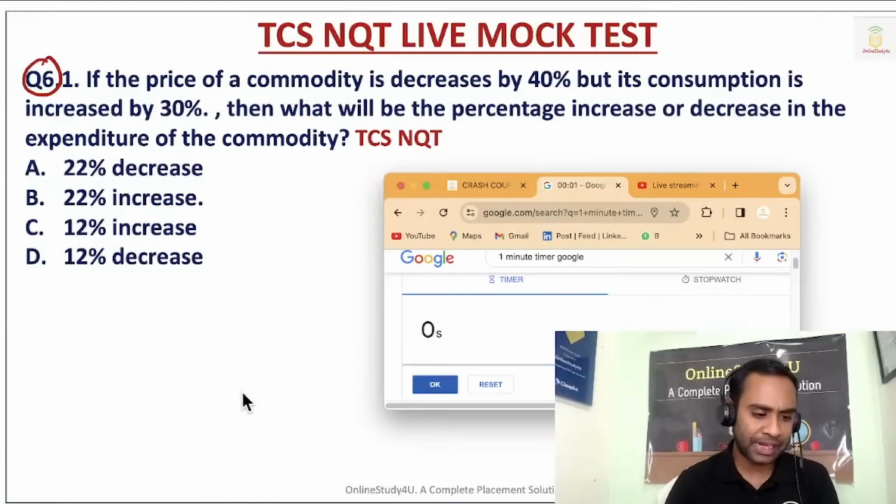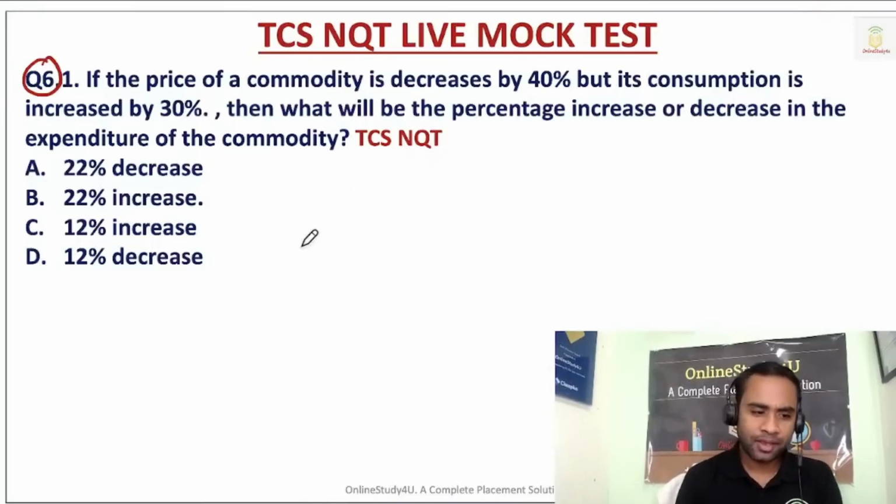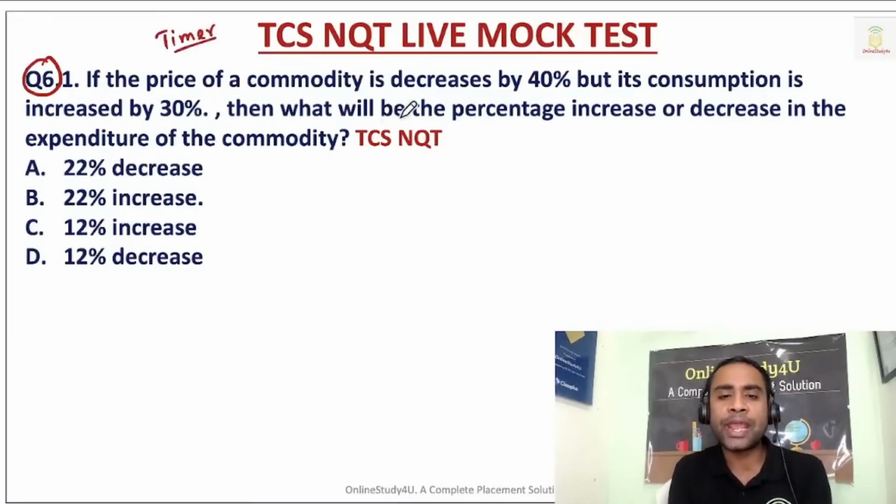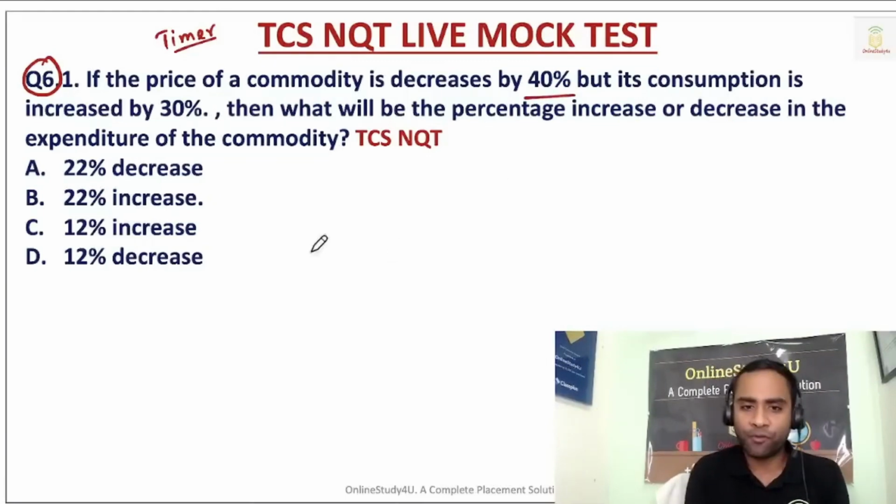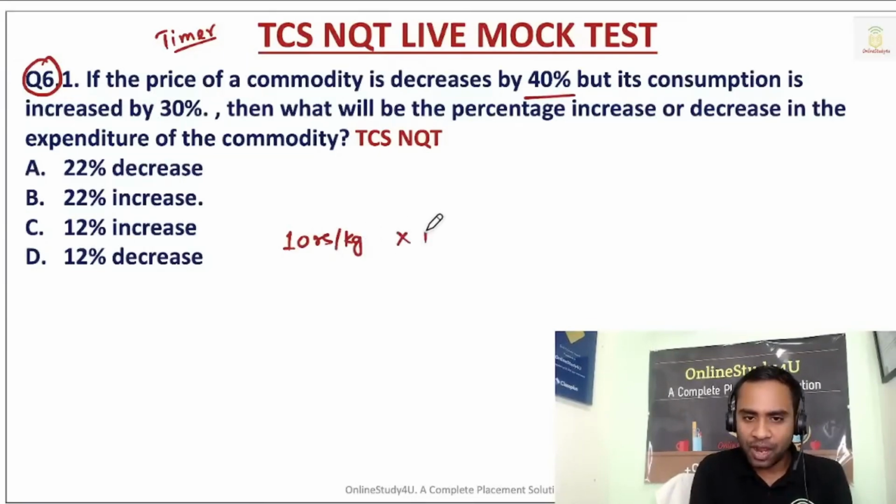Subham Gupta is telling option A. Okay, no timer. Timer will not be there in the exam. Now let us see this problem. If the price of a commodity is decreased by 40%. So earlier, suppose the sugar price is 10 rupees per kg and you are having 10 kg sugar per month.